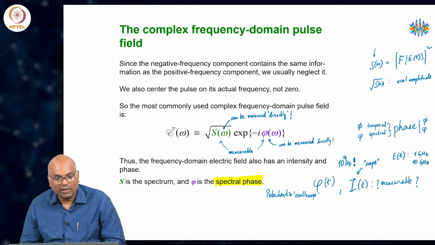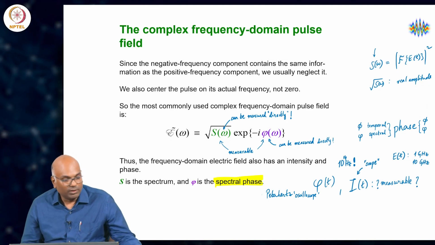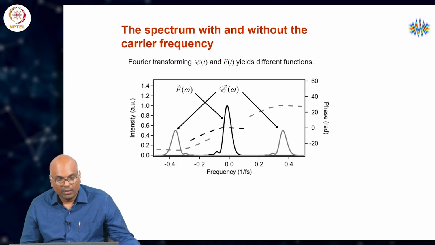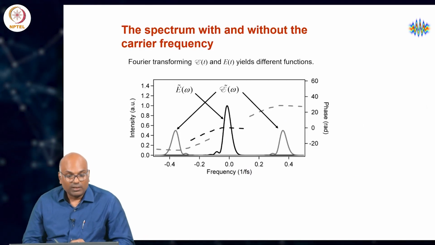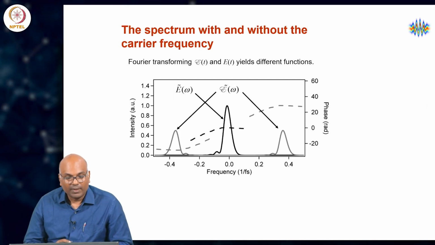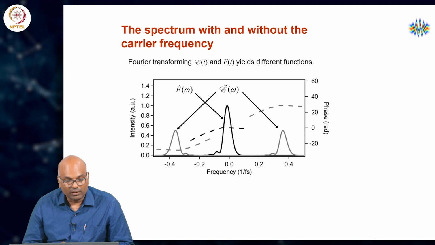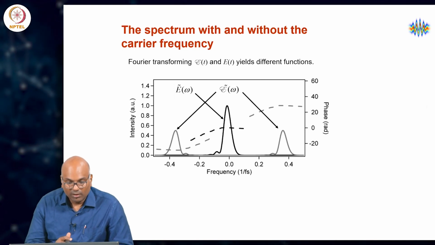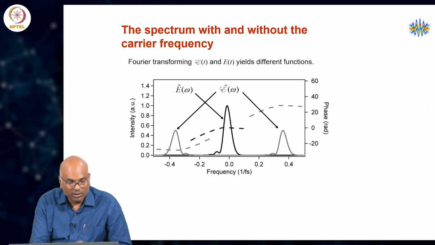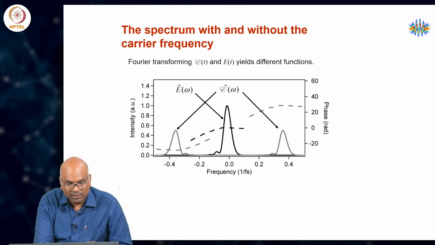Okay, so that's really the point of now describing the pulse and its frequency content this way. The same facts sort of visually, right? Now, Fourier transforming E of t, first of all, in the normal course, it gave us two pieces.